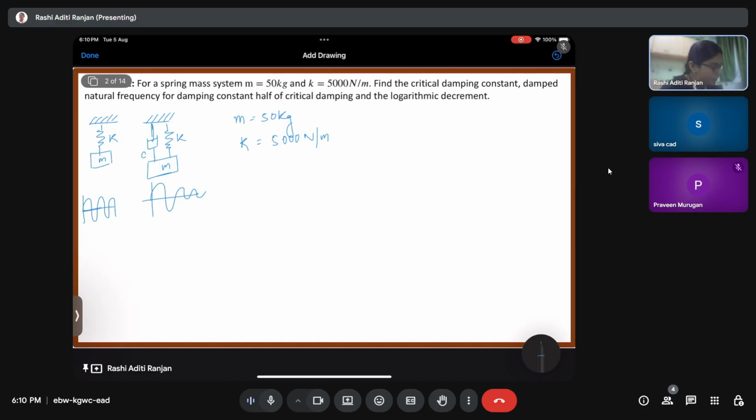If you remember, for this kind of system, if you write the equation of motion, it is m x double dot plus c x dot plus k x equals 0, which can be further rewritten as x double dot plus c by m x dot plus k by m x equals 0.